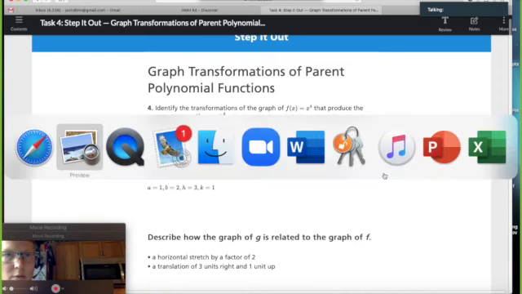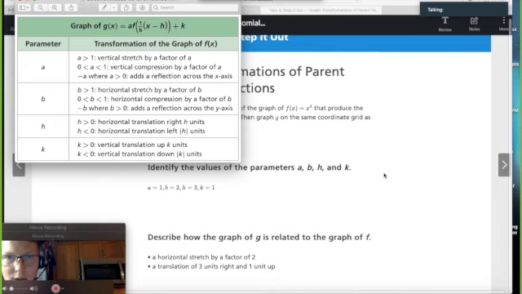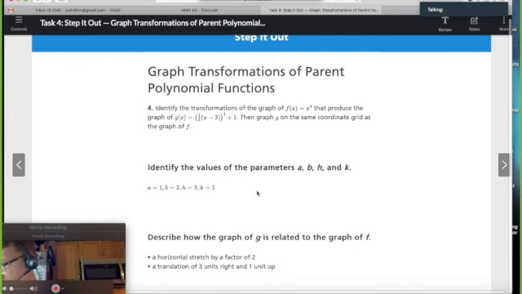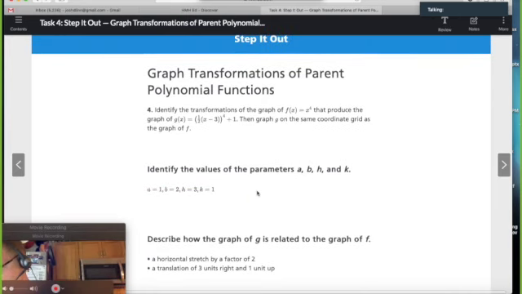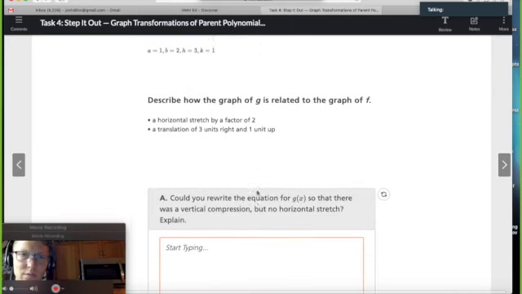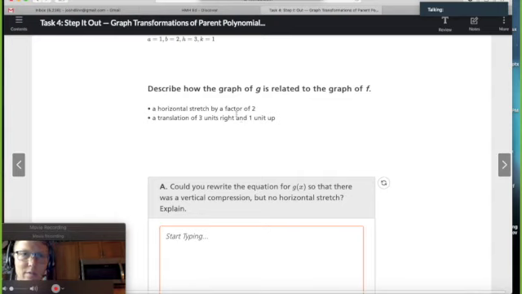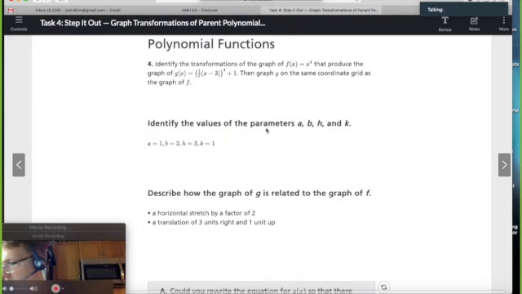So again, using our wonderful chart here, you can extract all of these values. They give us our values right here. So then we can use those. And again, it's going to be a horizontal stretch, a translation of 3 units right, 1 unit up, all based on this equation right there.